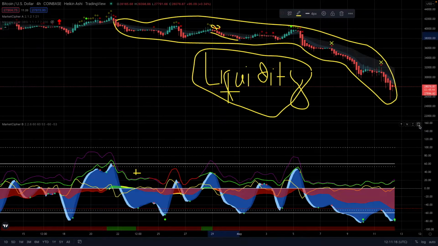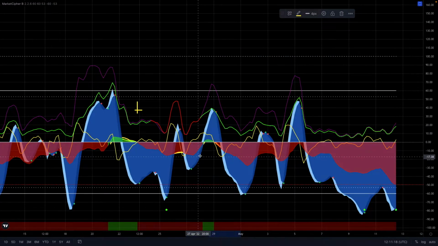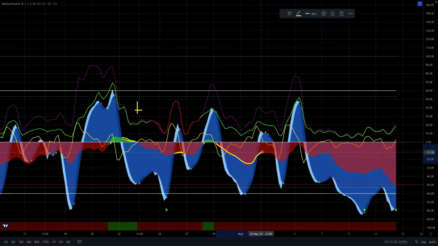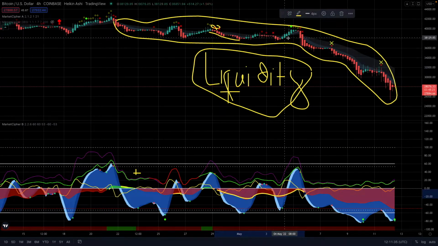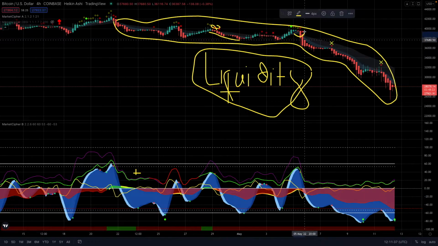Okay, let's follow. I just want us to follow money flow and see how it works with trading. So if I was swing long, you can realize that we tried going up again. It's like money was trying to head up, but what happened? It came down. So it's like we've been bearish. Let's compare that to the price action as well. You can realize there was a massive drop here.